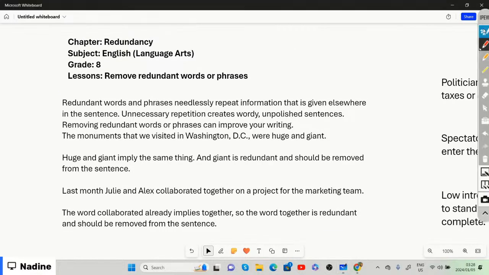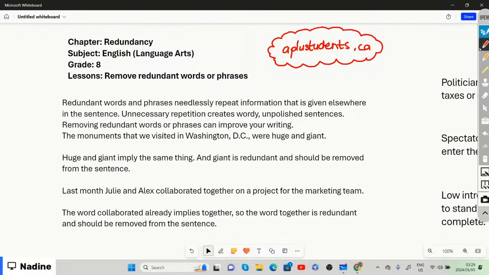All right, so now we're going to do our tutorial lesson and test on aplusstudents.ca. We already did most of the explanation on redundancy and about removing redundant words or phrases.